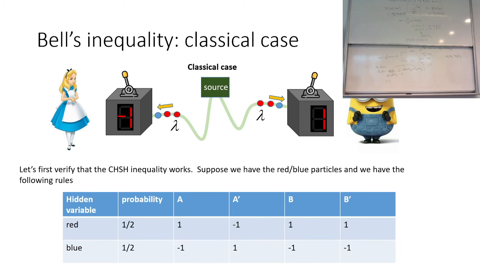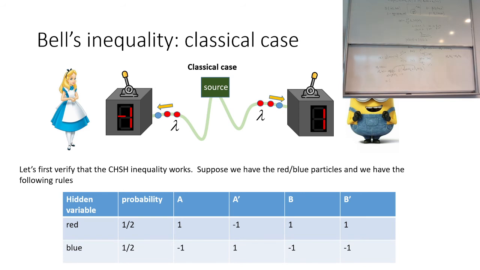Half of these particles are red, half are blue. And for these boxes, the settings, you can have any rule for the A's and the A dashes that you want, but I've arbitrarily chosen some rule like this.